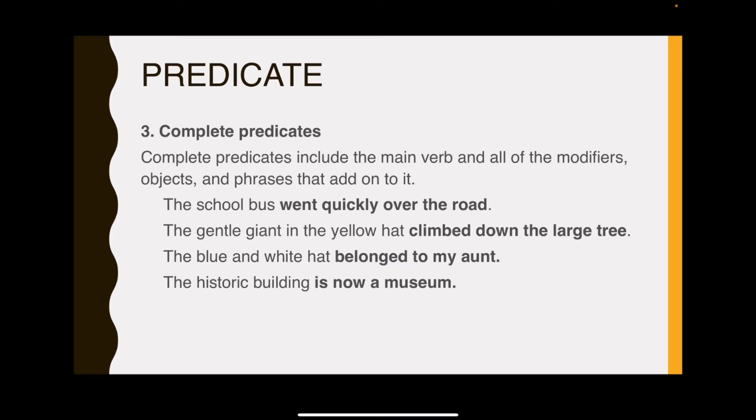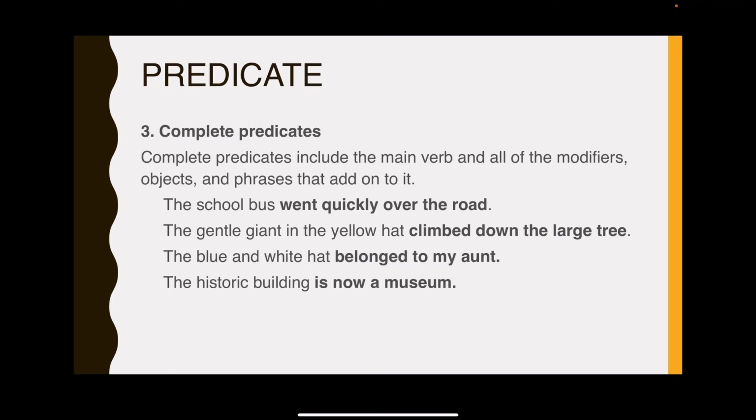Next one, number 3, complete predicates. If it's a complete subject, you can see that we have the noun plus some kind of modifiers like adjectives or probably a prepositional phrase, right? But if it is the verb, what can be included to modify the verb? Let's think about this. That should be an adverb at least, right?